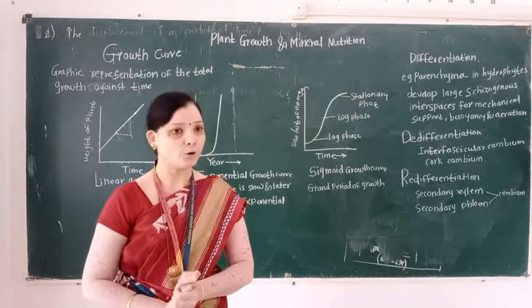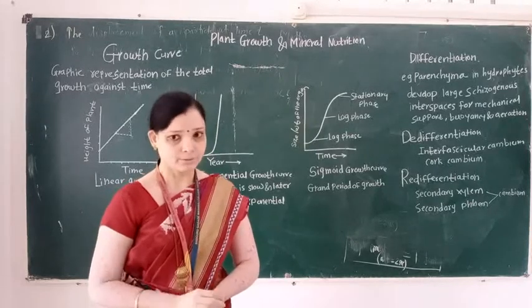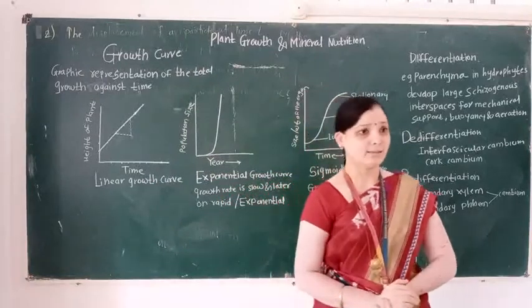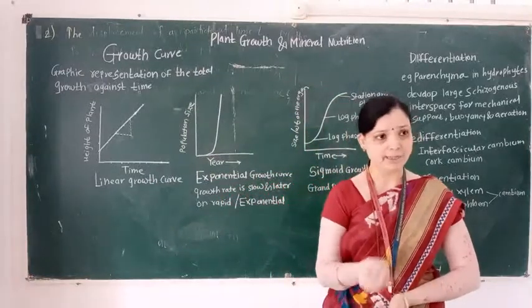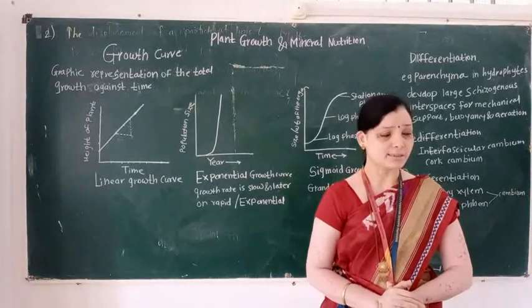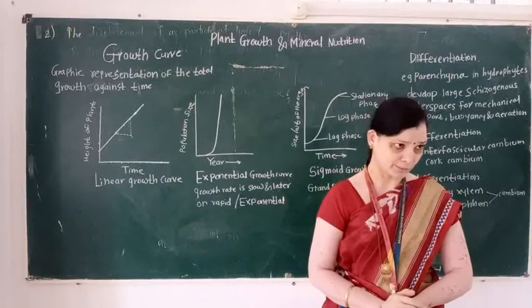Out of the two daughter cells, one cell remains dividing, and another cell undergoes differentiation or maturation.